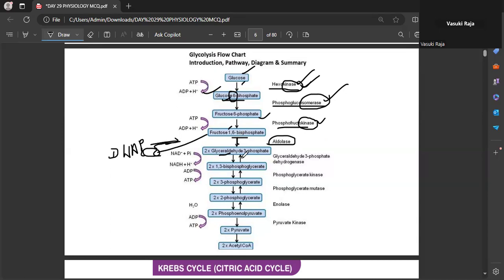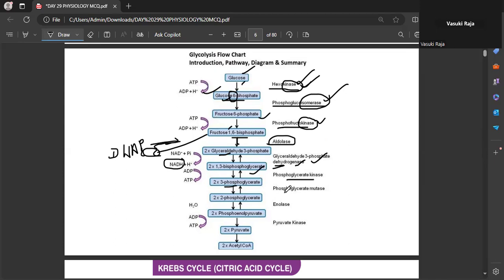Now, this glyceraldehyde 3-phosphate, with the use of the enzyme glyceraldehyde 3-phosphate dehydrogenase. Whenever the name of an enzyme ends with dehydrogenase, there will be the production of NADH. With this enzyme, the glyceraldehyde 3-phosphate will be converted into 1,3-bisphosphoglycerate. Now, once again, the enzyme phosphoglycerate kinase.